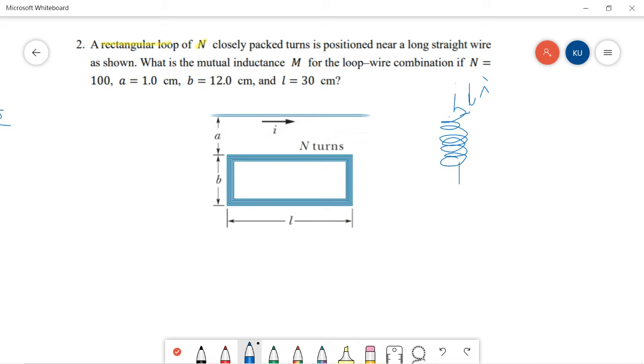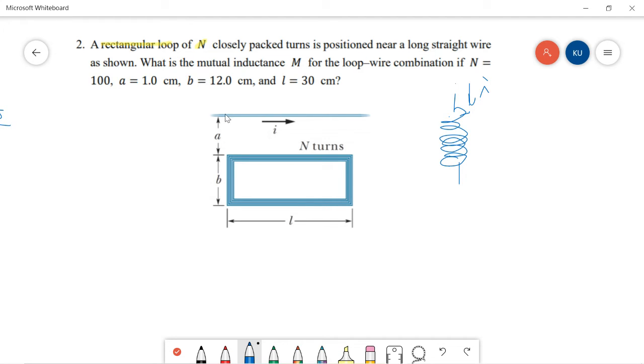This is the mechanism of self-inductance, because according to Lenz's law, it will generate a voltage drop.